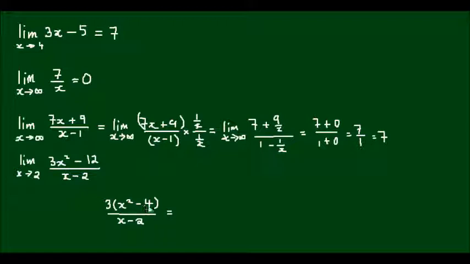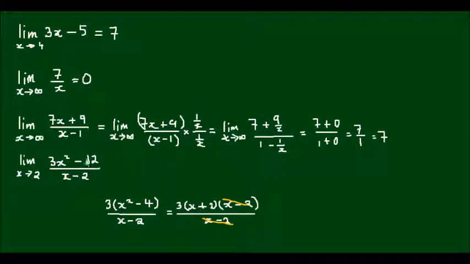So this difference of 2 squares can be broken down to x plus 2 and x minus 2, and the divide by x minus 2 remains the same on the bottom, and now I can cancel out the x minus 2's. So cancelling these out, I'm left with 3 outside of x plus 2.